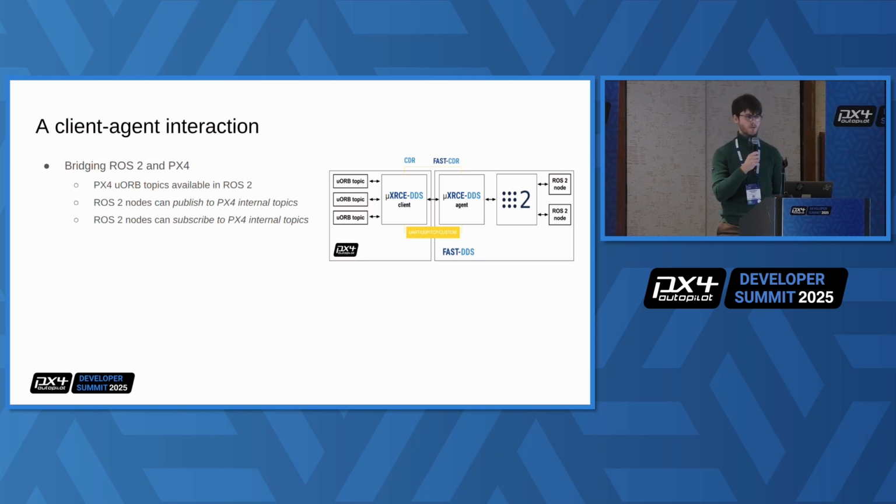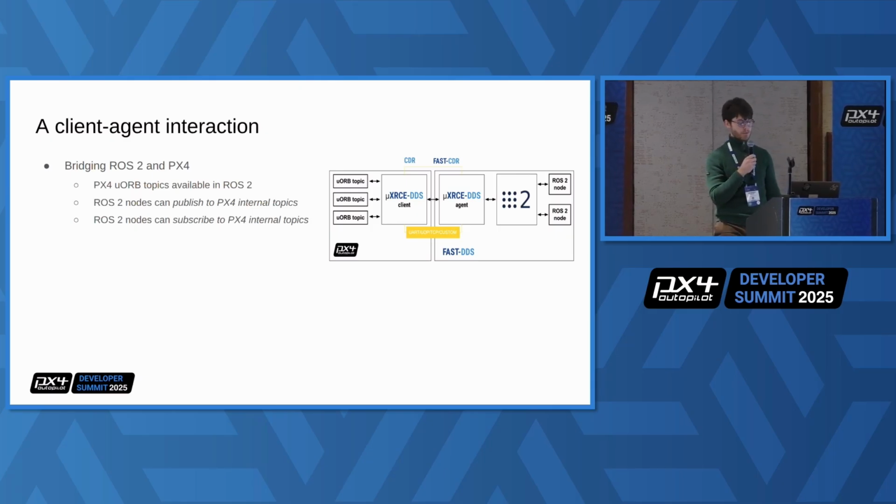No. It's going to appear as the IMU topic of PX4, so you have to take care of that. Once the communication is established, ROS2 will be able to publish messages that go straight into PX4, and at the same time, it will be able to subscribe to PX4 topics and just do whatever you want with them.